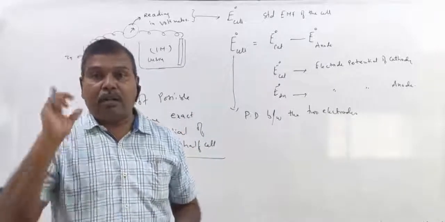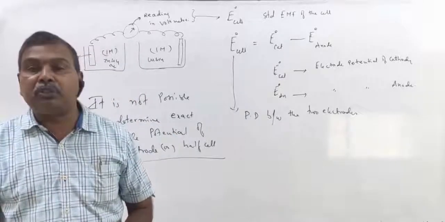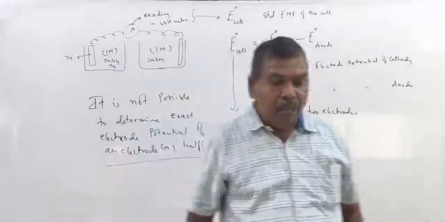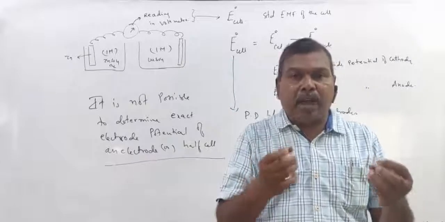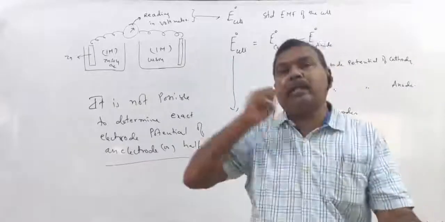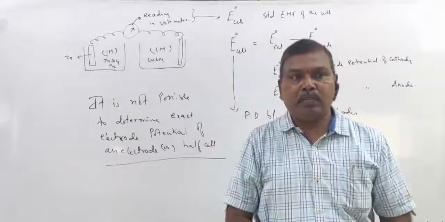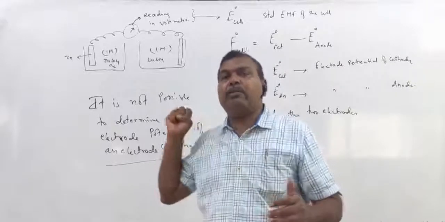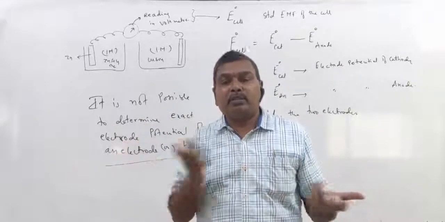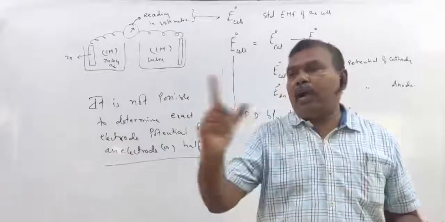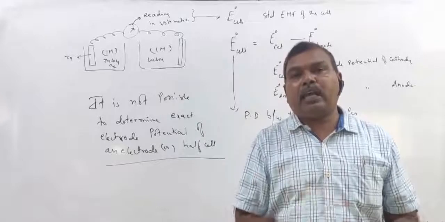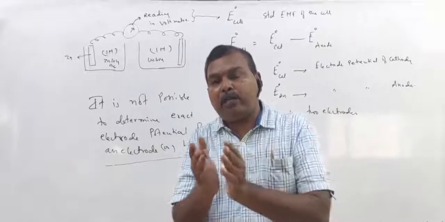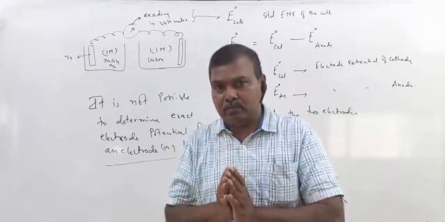Clear? Now recall the electronegativity which you studied in periodic classification. What is electronegativity? Electronegativity is the tendency of an atom in a molecule to attract the shared pair of electrons towards itself. For example, in HCl, hydrogen is less electronegative, chlorine is more electronegative, so the bond pair of electrons is away from hydrogen.